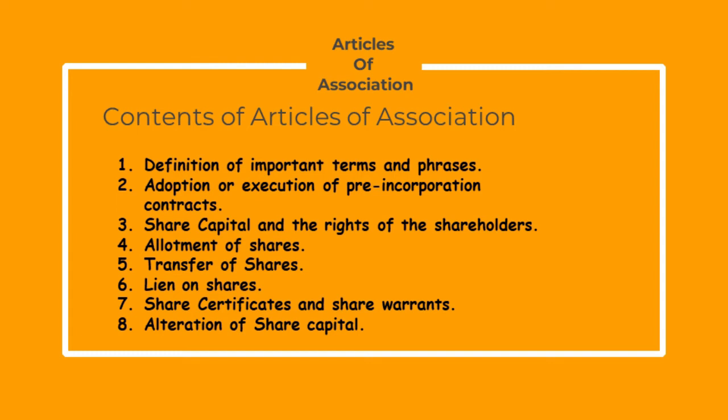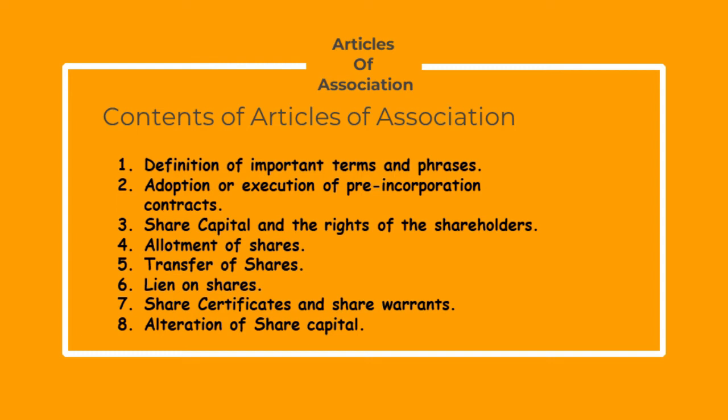Then, provisions with respect to dividend, reserves, capitalization of profits. This will also be contained in the articles of association. Appointment of managerial personnel, that means directors, whole-time directors: how you are going to appoint the directors. Next, meetings will be there.